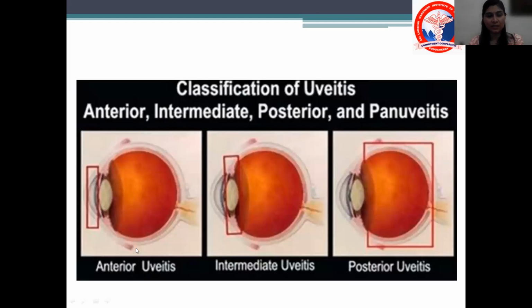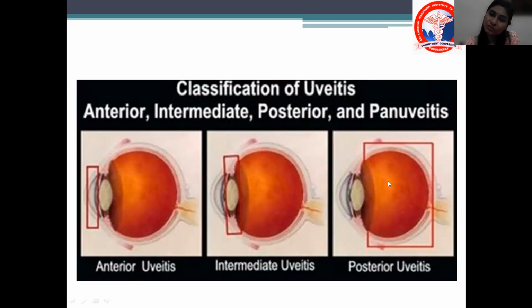This is a diagrammatic representation. Anterior uveitis involves the anterior part, the iris or the anterior part of the ciliary body. In intermediate uveitis, the ciliary body is affected. And in posterior uveitis, the posterior part, inside this red box, the choroid and retina, is affected.